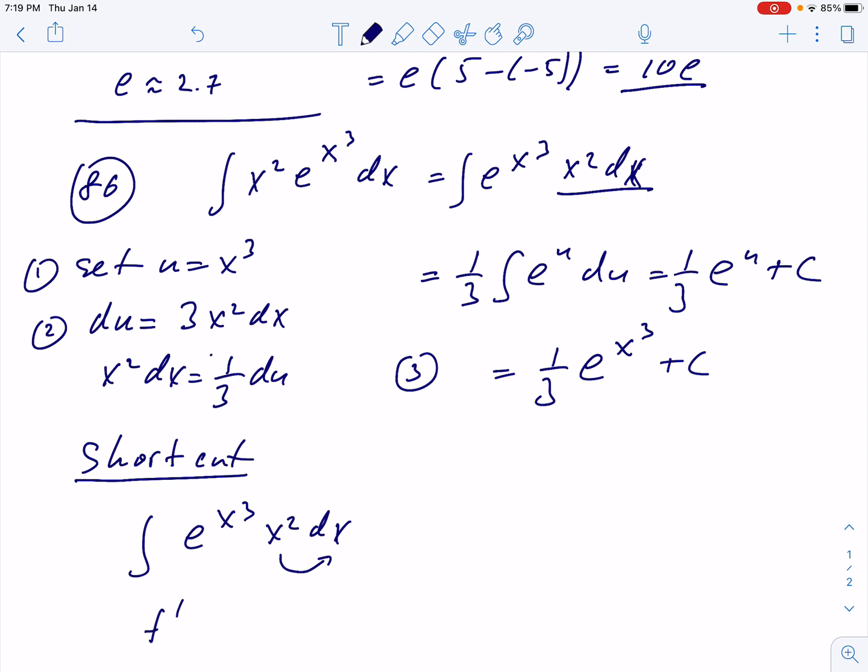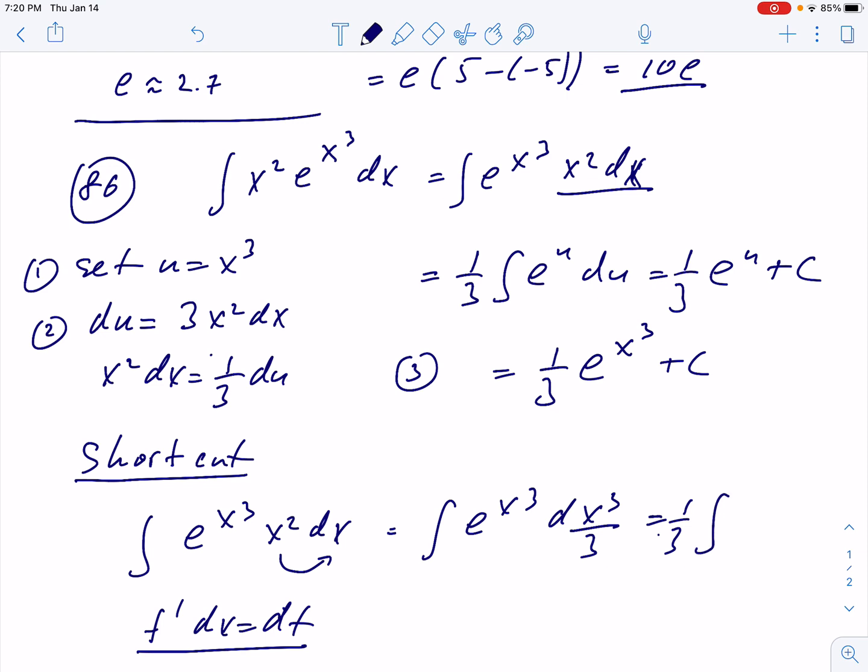Remember that f prime dx is df. So we can write this exponential x cubed d of x cubed over 3, which will be 1/3 outside the integral, exponential x cubed d of x cubed. Now we can think of x cubed like our new variable.